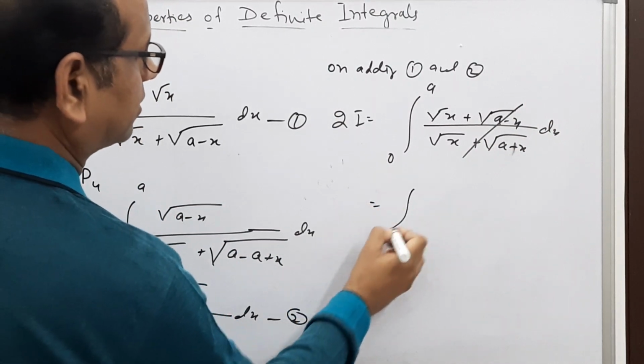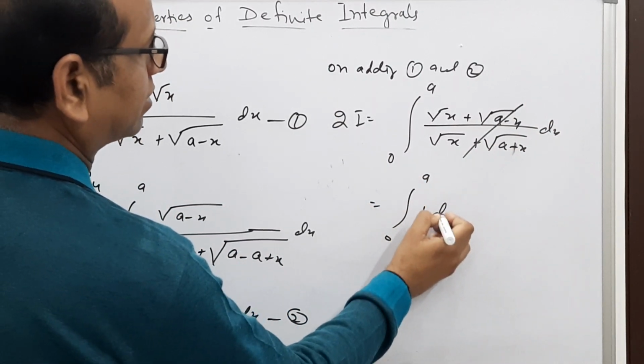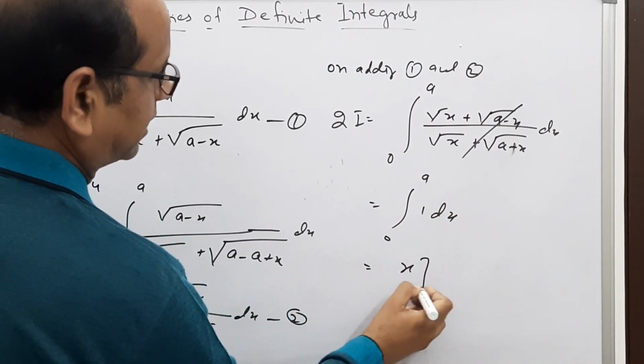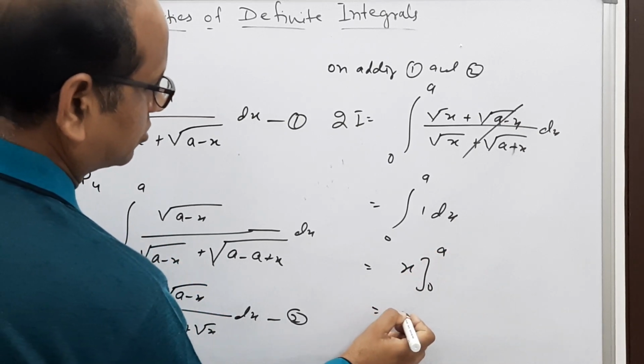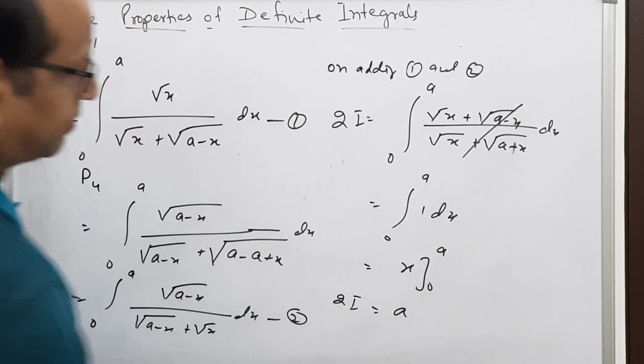So this is cancelled here. So it is 0 to a, 1 dx. So it is x from 0 to a. So it is a. That is 2I.